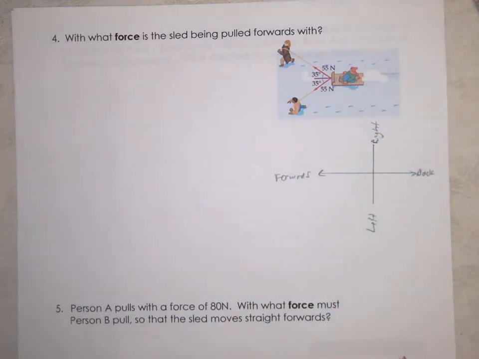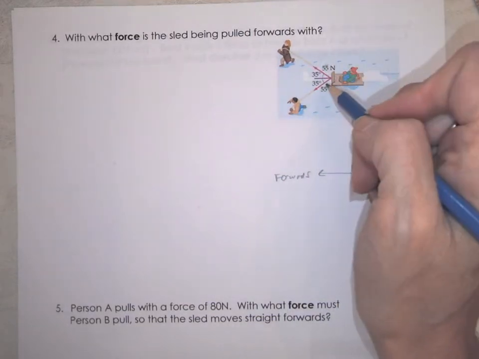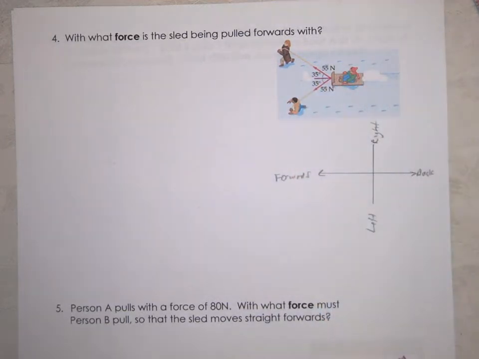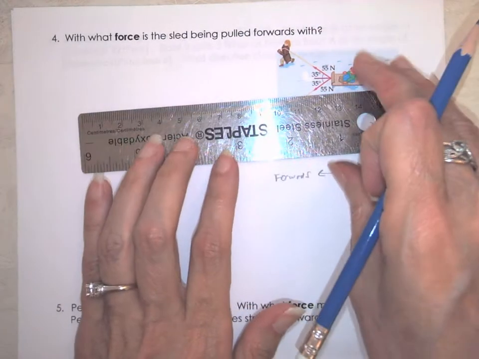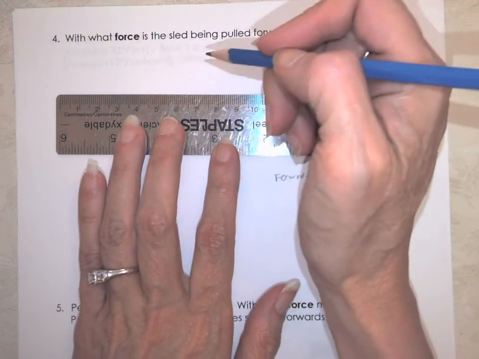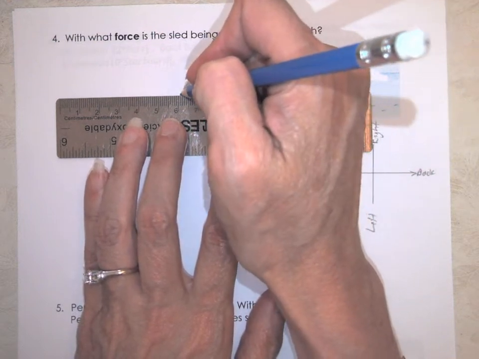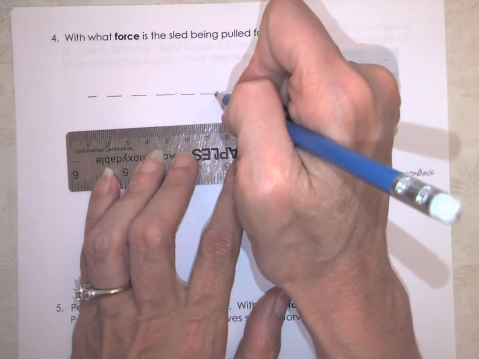Okay? So with what force is the sled being pulled forwards with? And you can see that both people are pulling at the exact same strength, 55 newtons, in the exact same direction from forwards. So that means the sled is going to go forwards, but we still want to draw the appropriate vector diagram here. So I'm going to draw forwards here with a dotted line to start out with. And here's my sled.